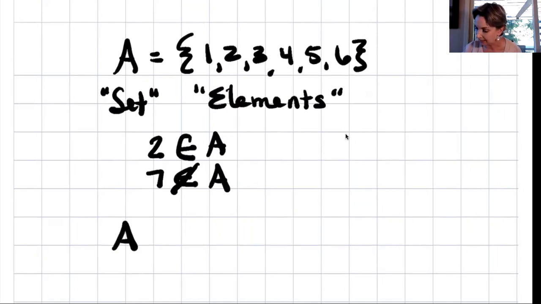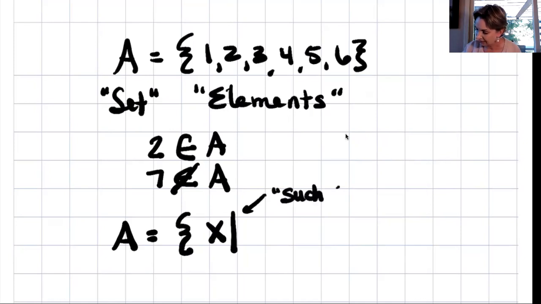The way I would write that would be to use the brace again, and then I would say all x's such that, where that little up and down line means "such that."